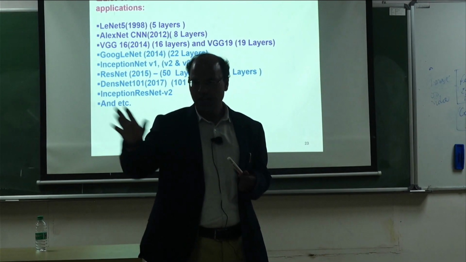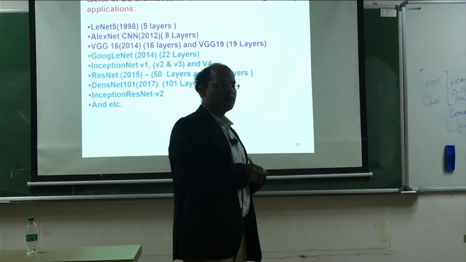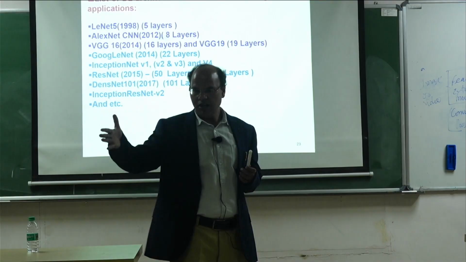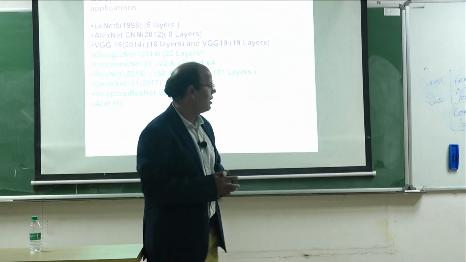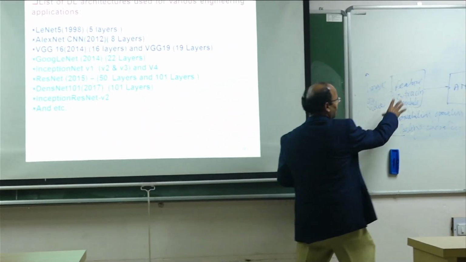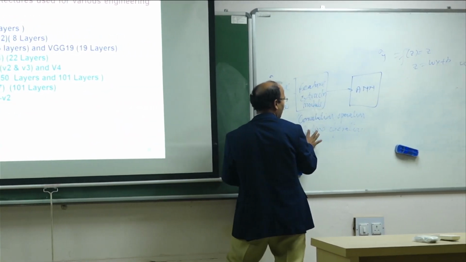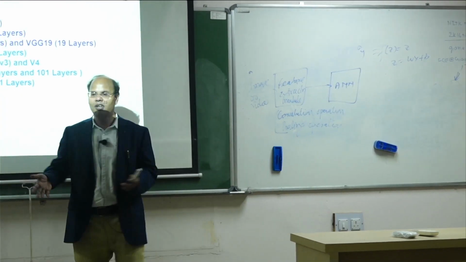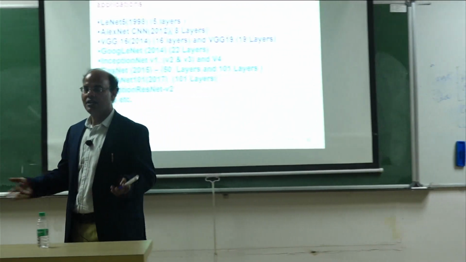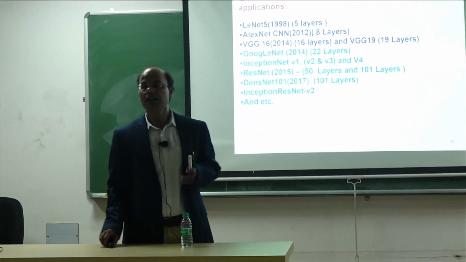The idea is that we need to make it an end-to-end model: give input data, get output. That's what is important. So this is the feature extractor block: a set of convolutions, pooling, a set of convolutions, and so on, used for feature extraction.